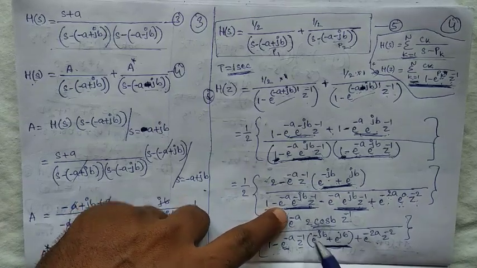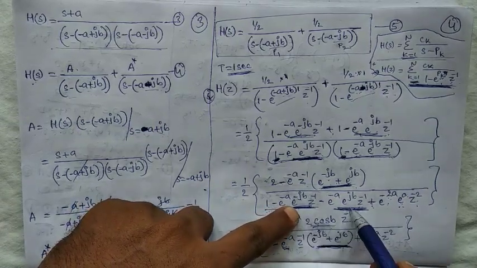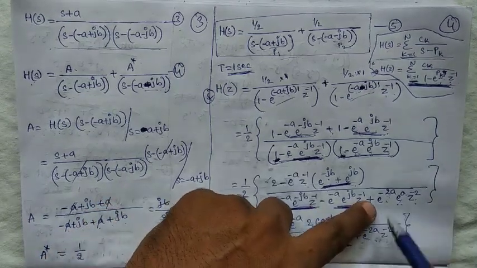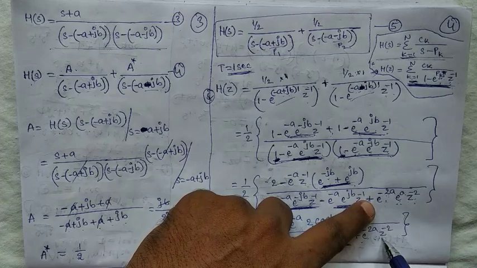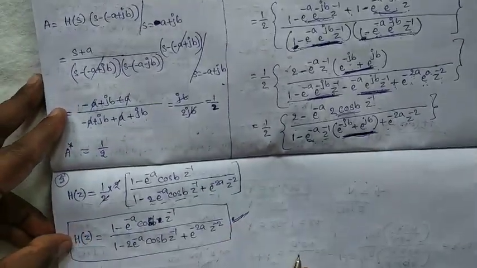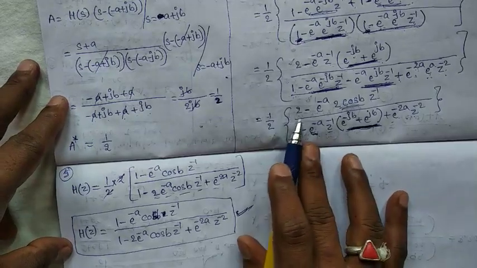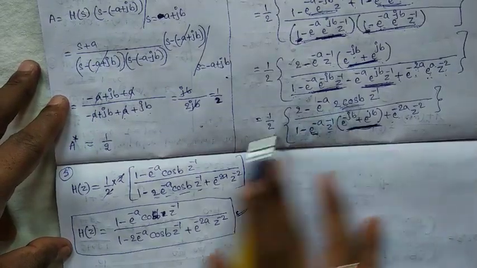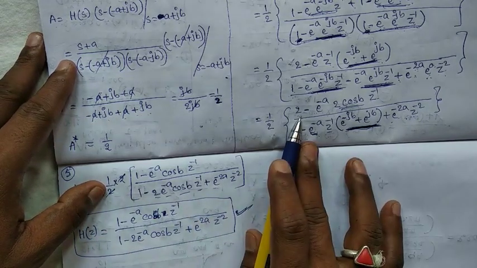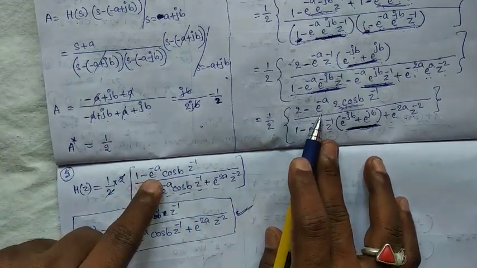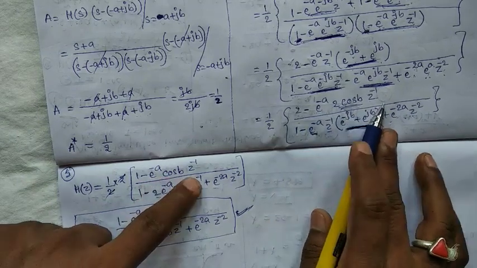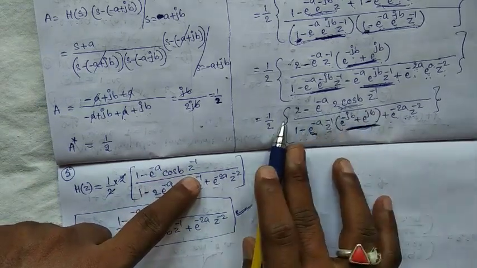The remaining term is e power minus jb plus e power jb, plus here e power minus 2a into z power minus 2. Here in these two terms the common factor is 2, so 1 by 2 into 2 of the remaining term: 1 minus e power minus a cos b z power minus 1. We are taking common 2.